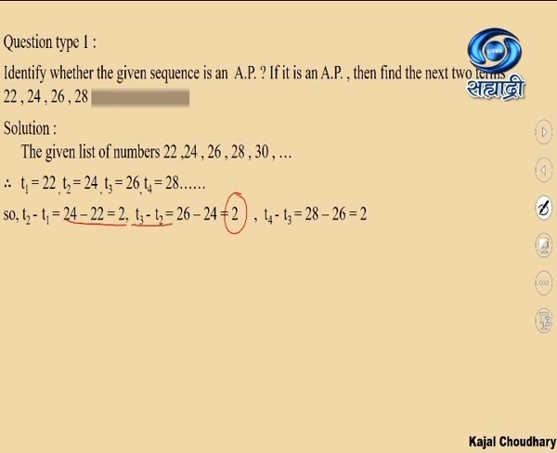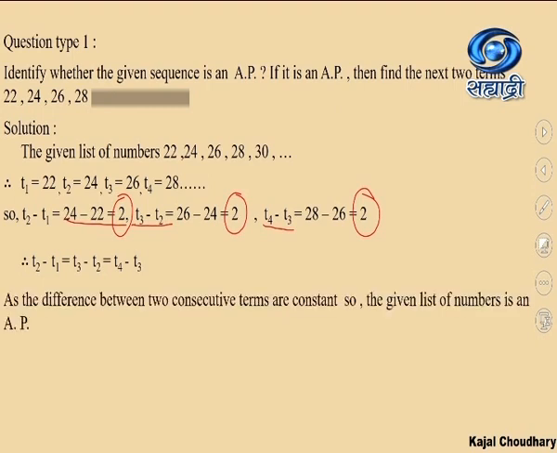What is the difference? 2. T4 minus T3. What is the difference? 2. So this is coming out to be the same value. When the difference between consecutive terms is constant, the given sequence is in AP. Therefore, the given list of numbers is an AP.